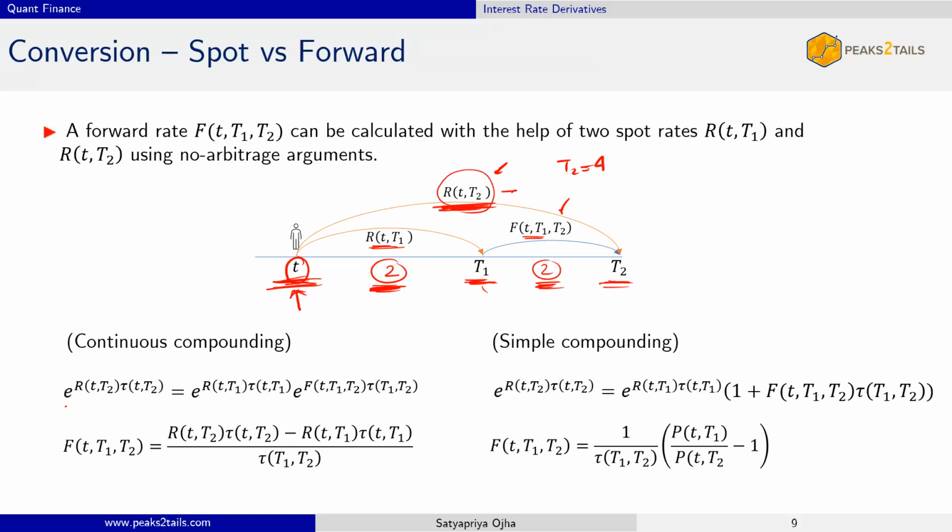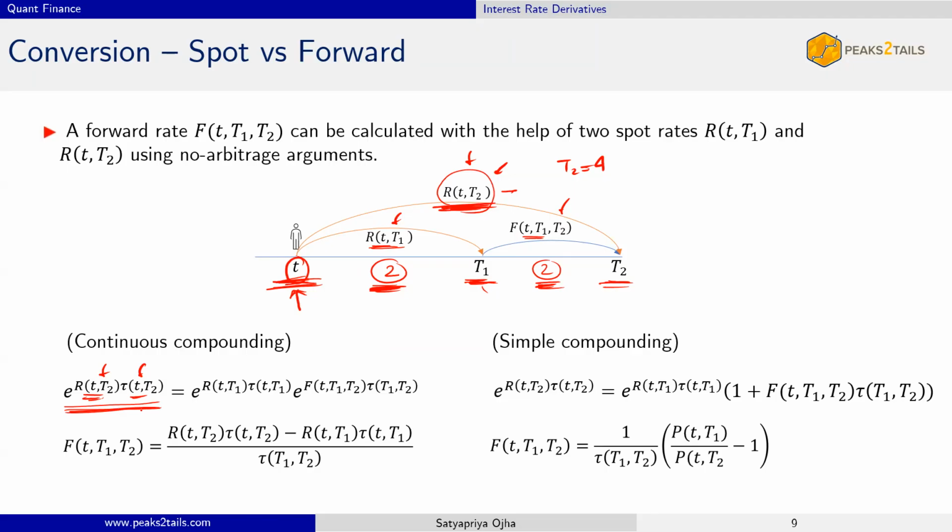So the money that you will grow is using continuous compounding because R is for continuous compounding. E to the power R T2, see the spot rate, which is applicable for the entire period. And the year fraction would be from small t to capital T2. This is the money that you will have at the end of the period.